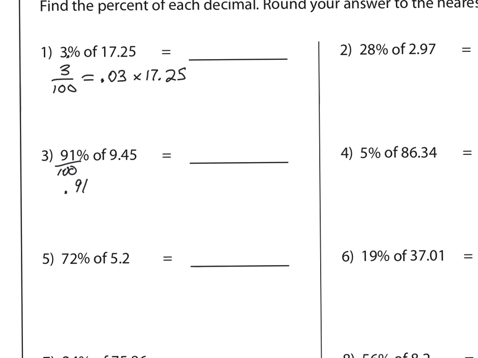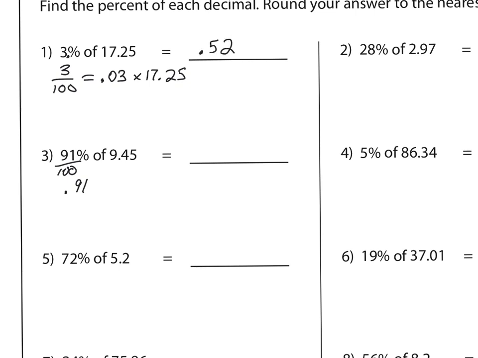So if I pull out my calculator and I go 0.03, you have to make sure you have the 0 in there for this particular problem, times 17.25 equals, and 3% of 17.25 is 0.5.